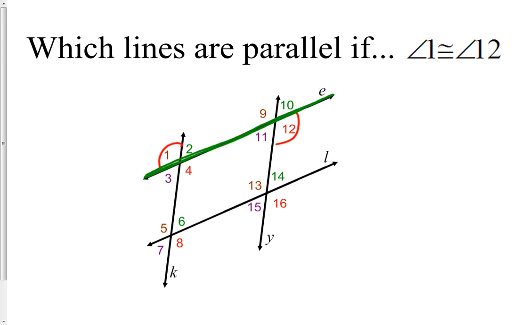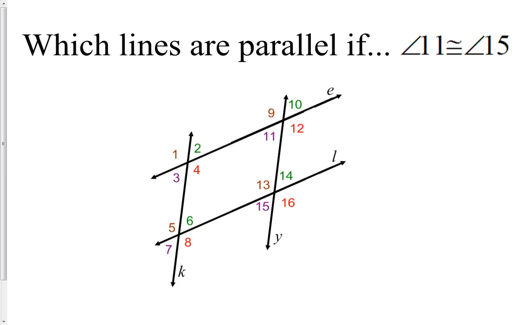So if E is the transversal, what 2 lines does E intersect? It intersects K and Y, doesn't it? So we can prove that K and Y are parallel if 1 and 12, which are alternate exterior angles, are congruent. So the lines that are parallel are K and Y.